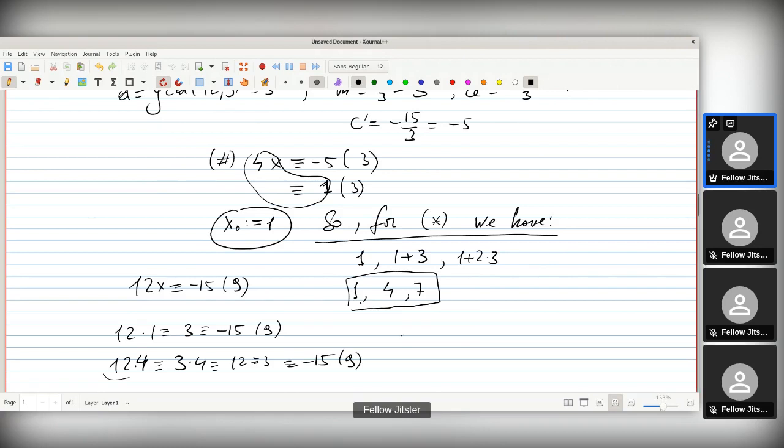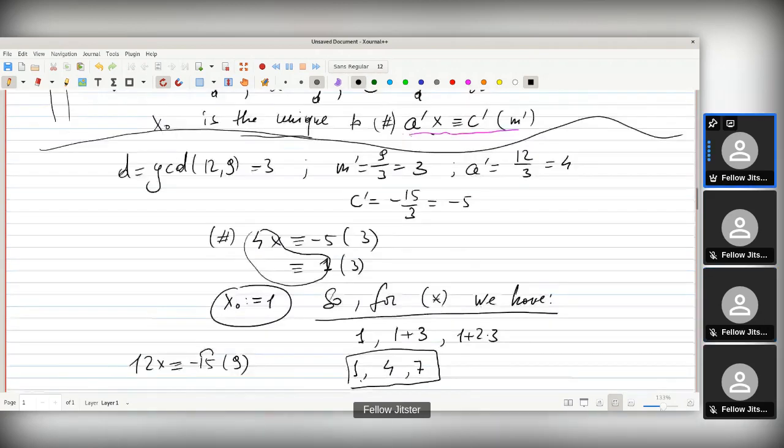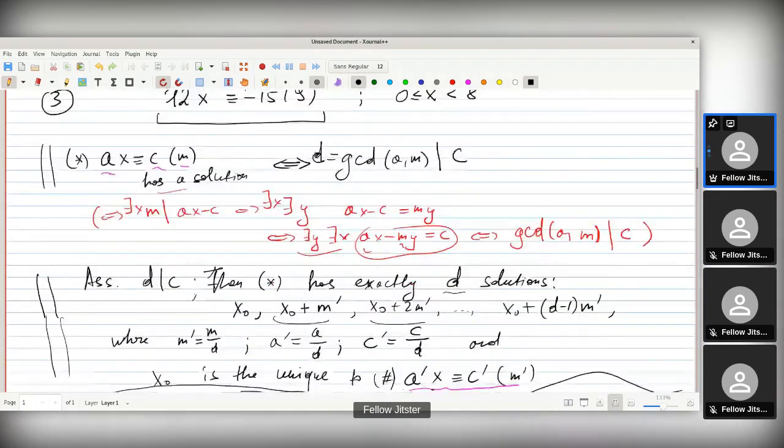And what about 7? 12 times 7 is 3 times 7, 21, which is 3. And 7 is -2, yeah? So -6. But 15 is congruent to 6 modulo 9, so it is -15 modulo 9. And all the other numbers in our range are not solutions. Is it clear? Yes. We can find all the solutions and only solutions.